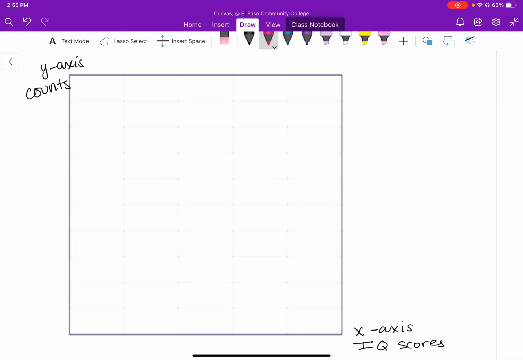We're going to name this the frequency of IQ scores. Okay, because it's measuring frequency, and this is IQ scores. All right. Students find it difficult to label their axes. So that was a challenge in itself.